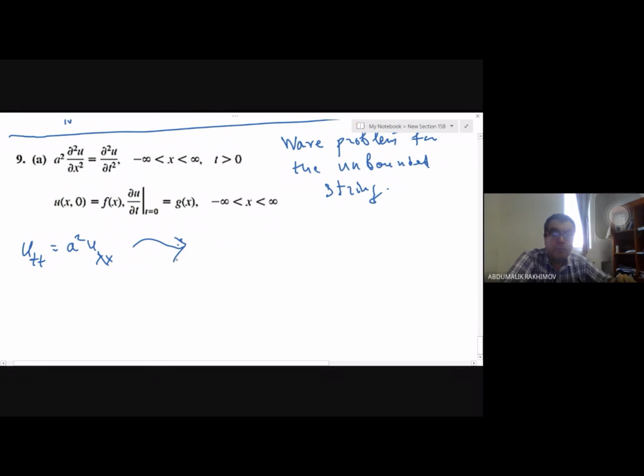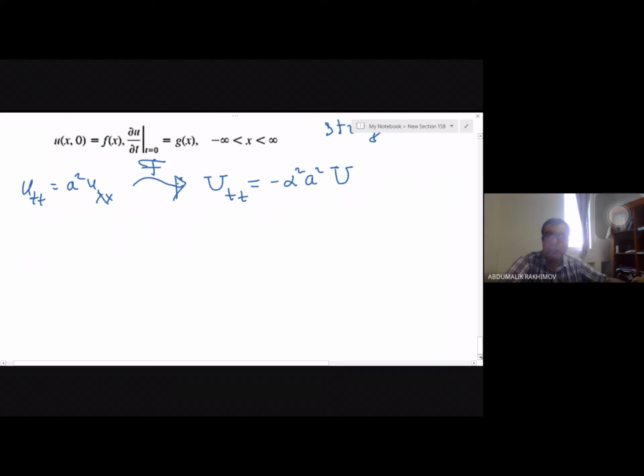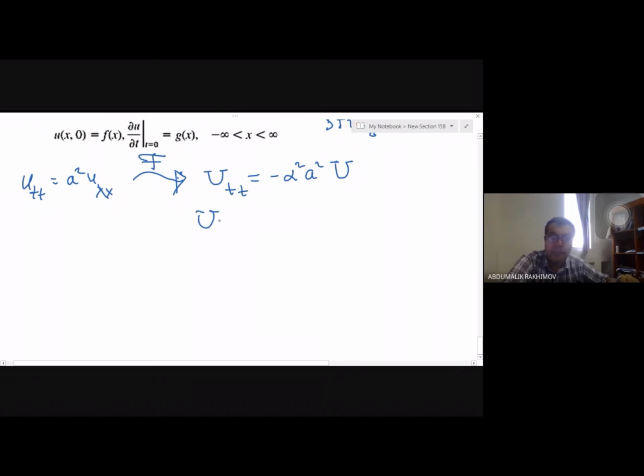When you transform this equation using Fourier transformation, UTT is changing to be capital U TT, is equal a square times minus alpha square, from transformation, UXX gives minus alpha square U, just U, right? This is a transformation of second derivative to X. Then this equation I can rewrite like this, UTT plus alpha square a square U is equal 0.